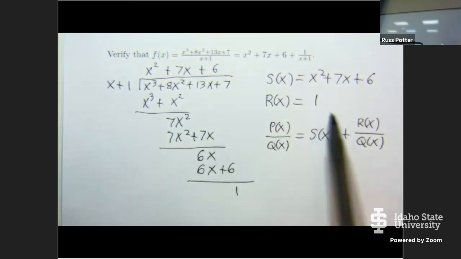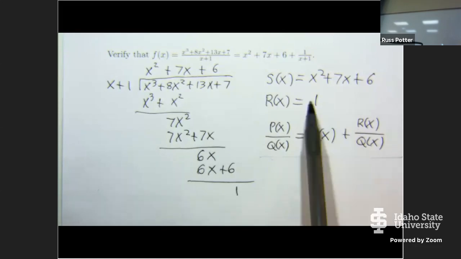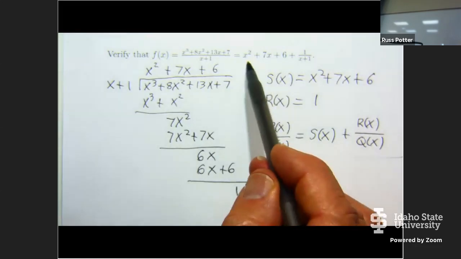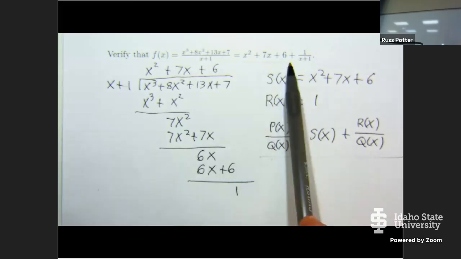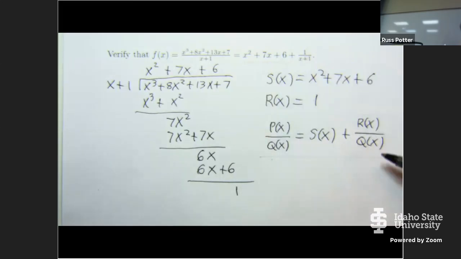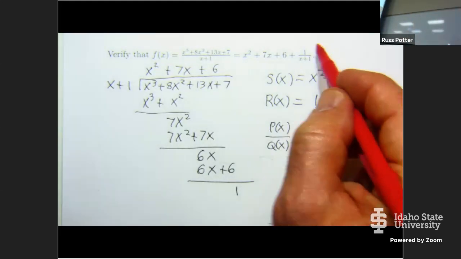So you can see that everything worked out. This is our s of x, x squared plus 7x plus 6, plus the remainder 1 over the divisor q of x. Okay, so it all checks out.